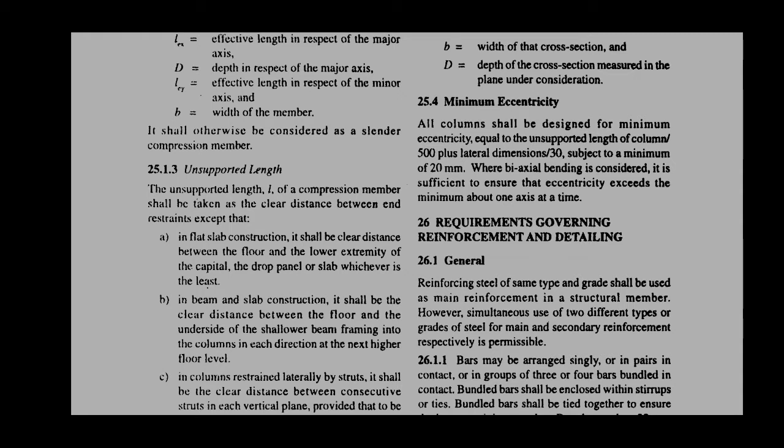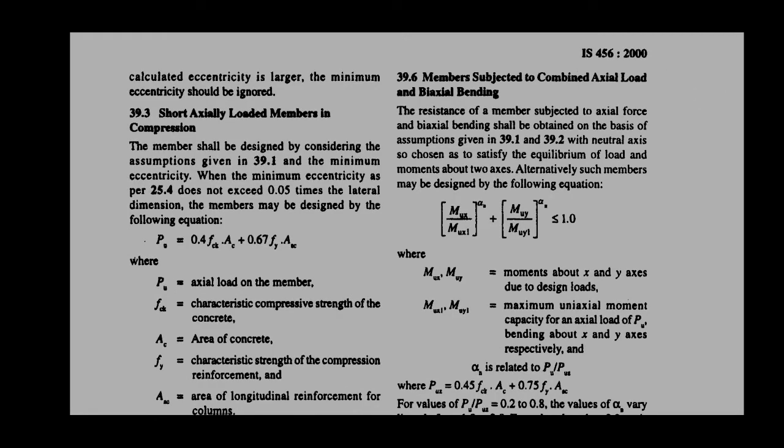So, let's continue with clause number 39.3. As per clause number 39.3, the formula is Pu equals 0.4 fck into Ac plus 0.67 fy into Asc.